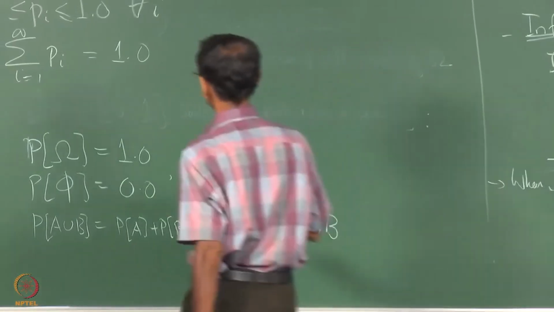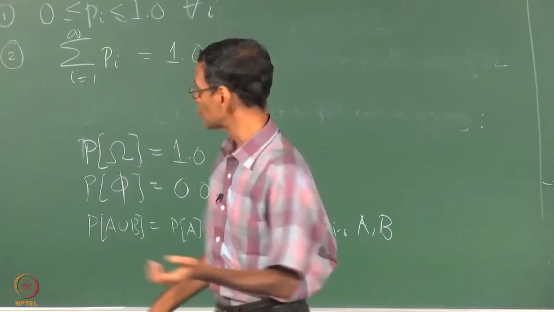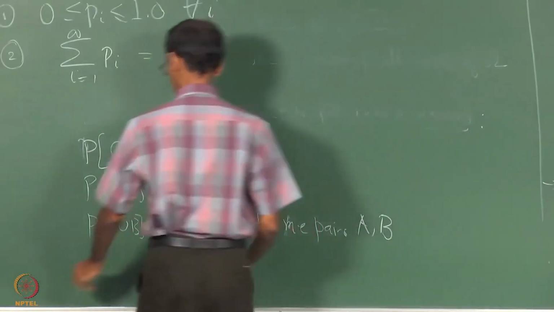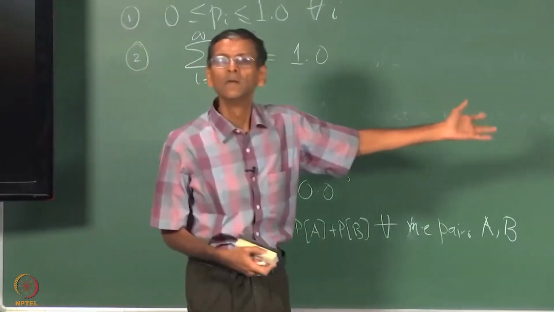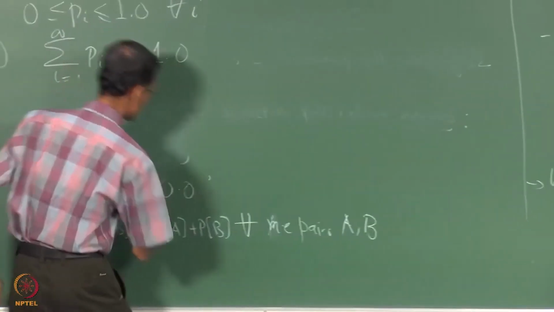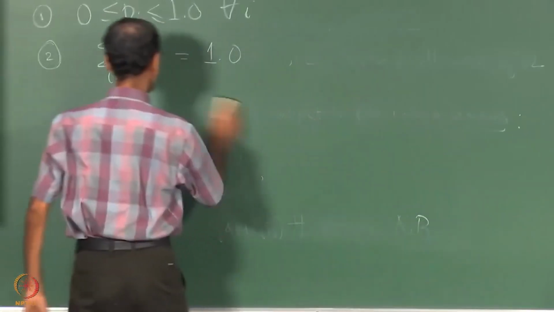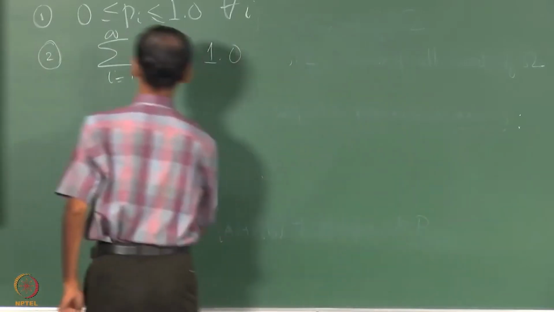So these two statements are sufficient once again to generate the probability of any event which is going to consist of more than one of the elementary outcomes of capital omega. How? Because the simple additivity rule then gives you this.